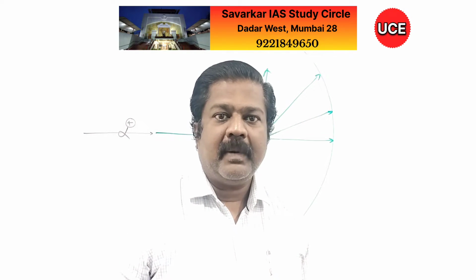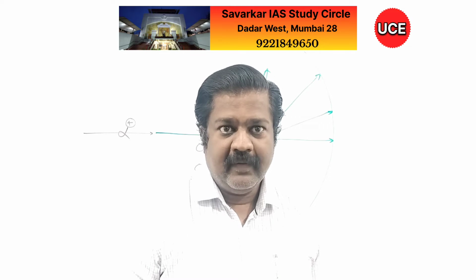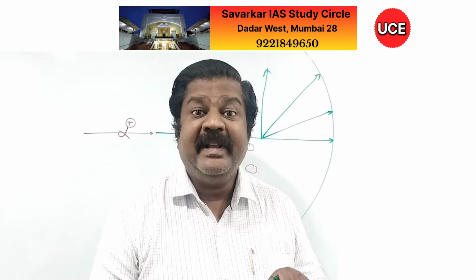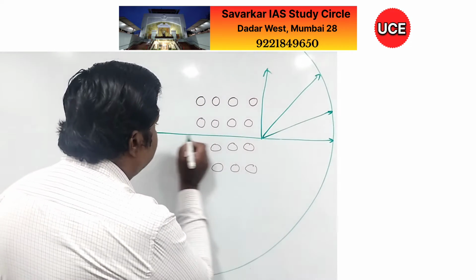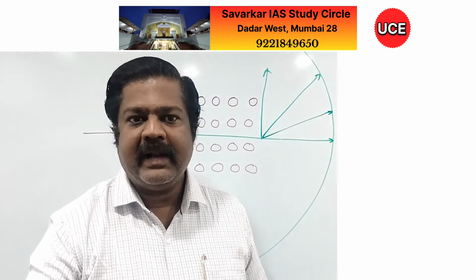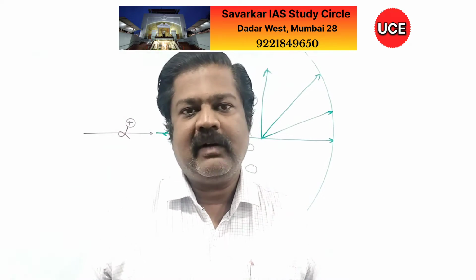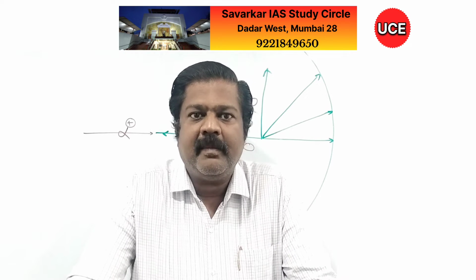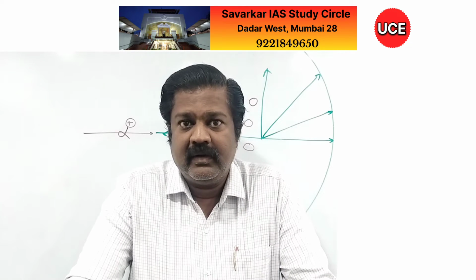Very, very few, that means 1 out of a million, get deflected by an angle of 180 degree also. I don't know how they calculated, but they say that 1 out of 1 million gets deflected by 180 degree.